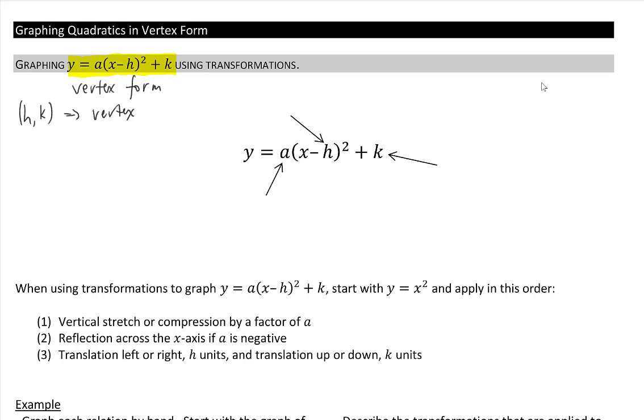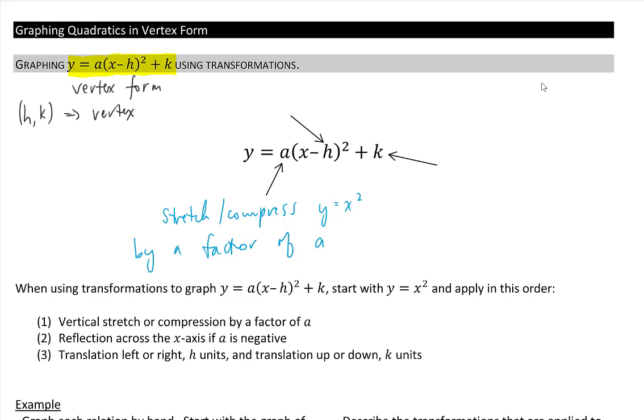We know that the a value will cause the graph of y equals x squared to be stretched or compressed, so stretch or compress y equals x squared by a factor of a. And remember, to be compressed, the a value will have to be greater than 0, less than 1.